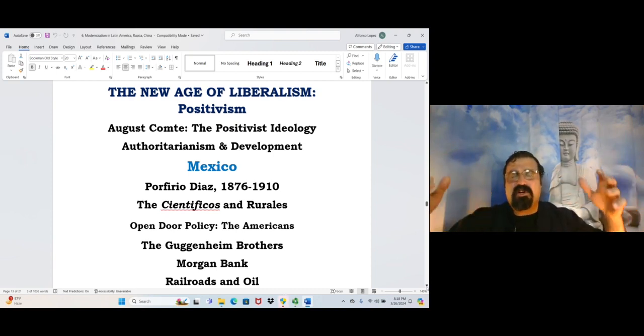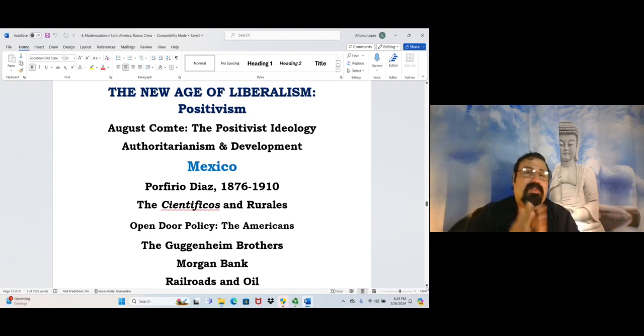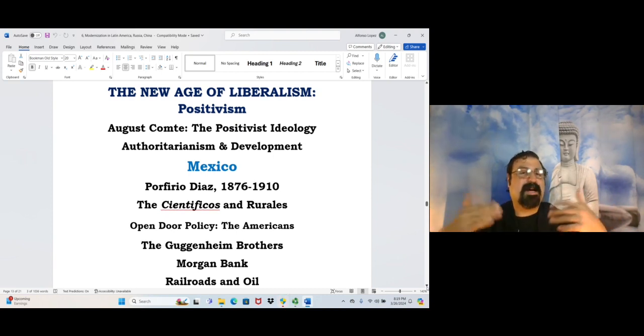We just need to give those issues to a set of experts, what we call scientists. So if the scientists are drafting policy, you can create a very cohesive and very efficient liberal state. You can modernize your country very efficiently if you only bring in the experts. And what the experts are saying, according to Comte, is that the only way to achieve development, growth, prosperity, modernity is by creating, first and foremost, a climate of order.